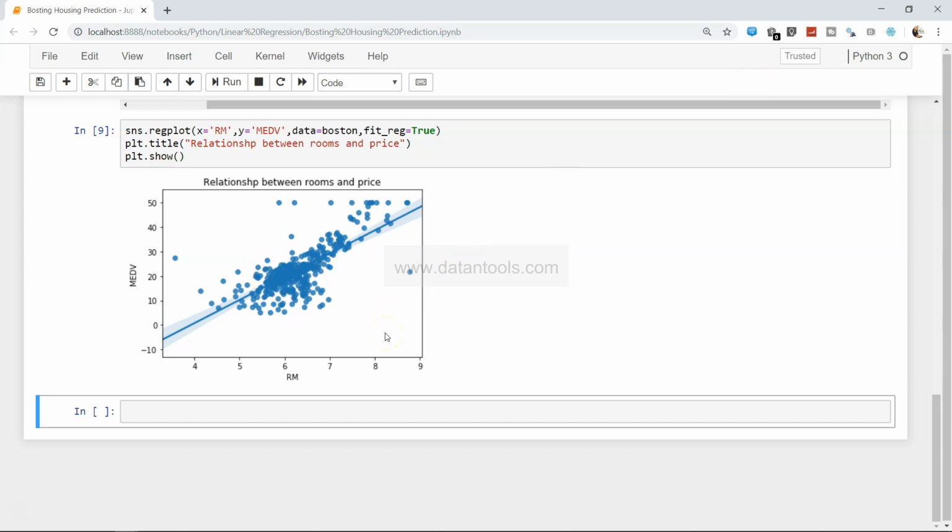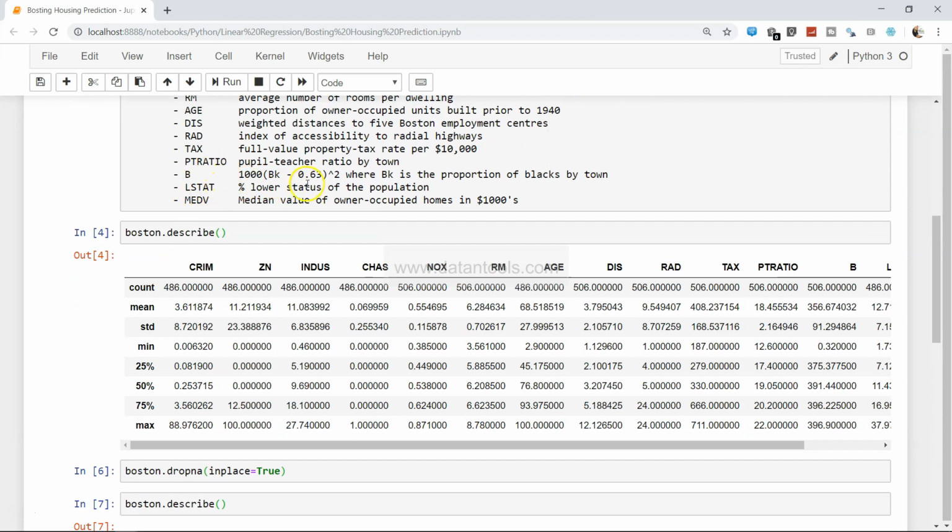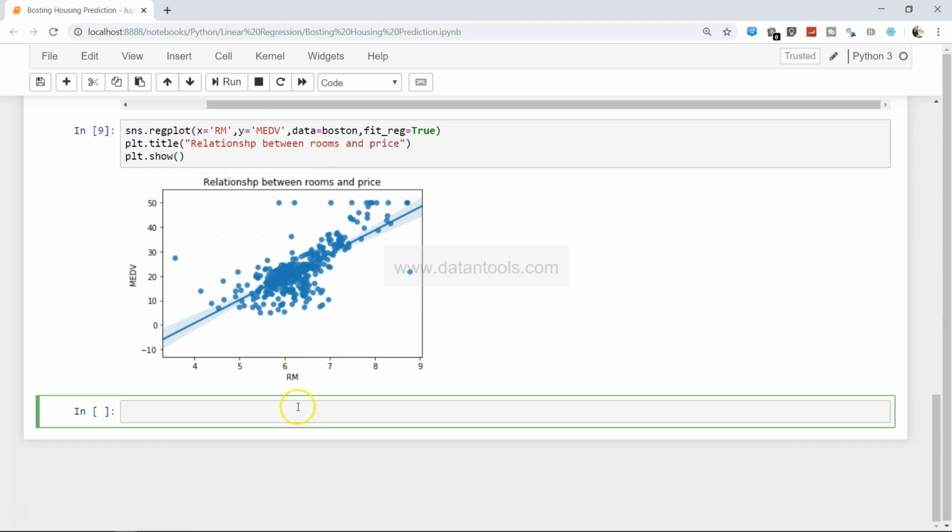Now let's see the lower status population, which is nothing but this LSTAT, percentage lower status, and my assumption is that it will be negative. So RM is a positive correlation, but with the LSTAT column it will be negative. That means the higher the population, the lesser the price. All right, so let's test that. sns.regplot and y equals MEDV.